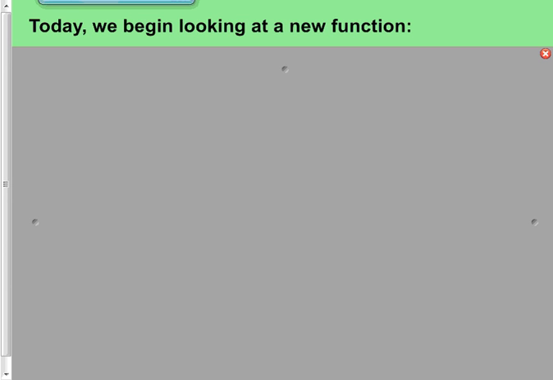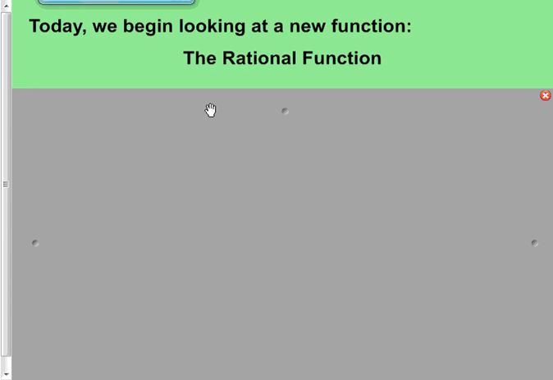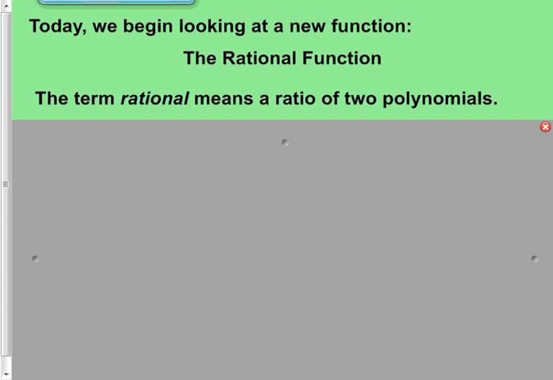All right, as we already said, today we're going to begin looking at a new type of function. Now, we call this the rational function. A rational function is named after the structure of its equation. In order to be rational, there must be a ratio.